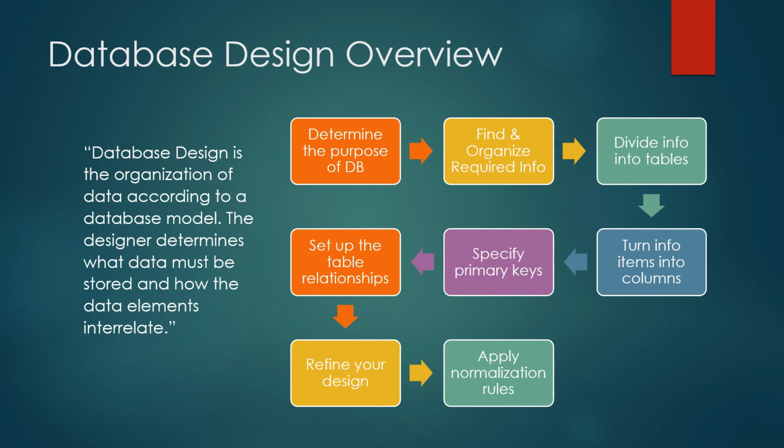Then the next step is to divide the information into tables. So we divide our information items into major entities or subjects, such as products or orders, and each subject then becomes a table. The next step is to turn the information items into columns. So we decide what information we want to store in each table.